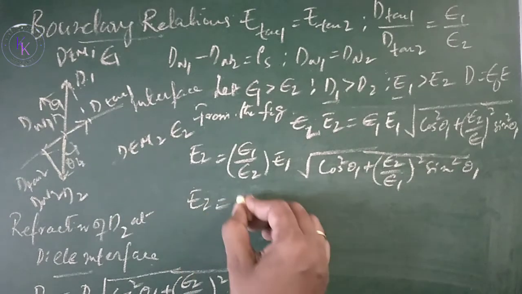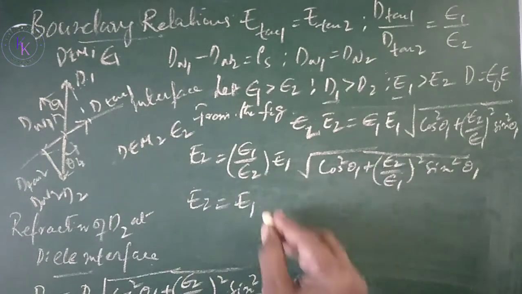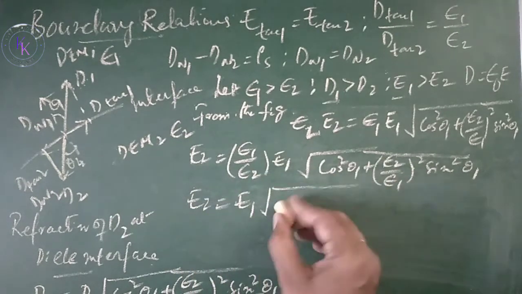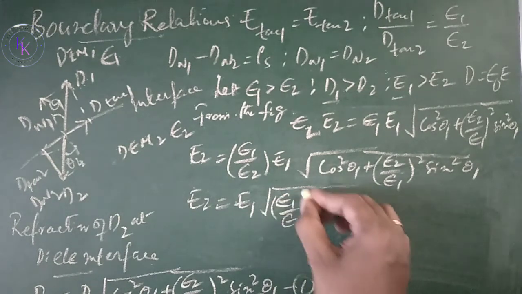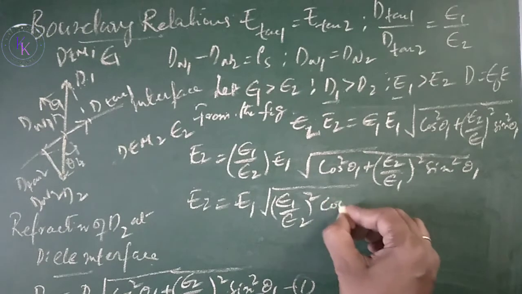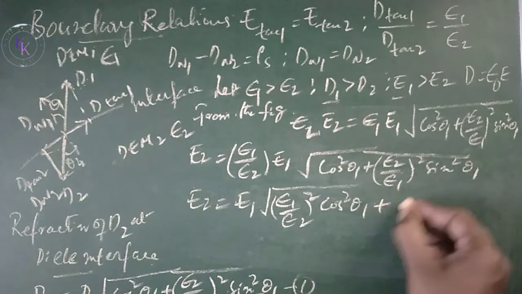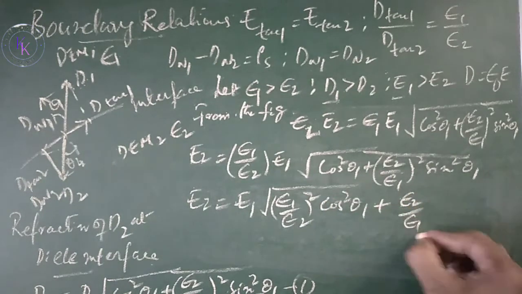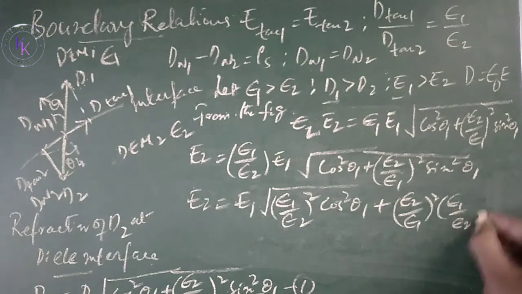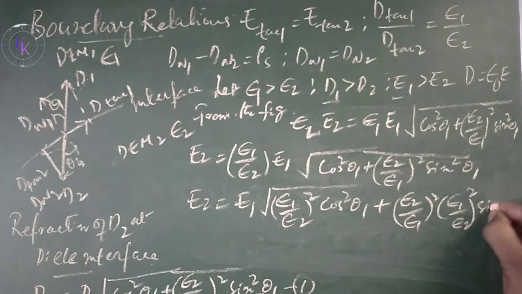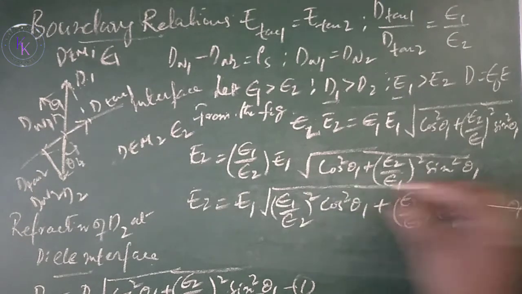E2 equals E1, taking this term inside the square root, epsilon 1 divided by epsilon 2 whole square cos square theta 1 plus epsilon 2 by epsilon 1 whole square multiplied by epsilon 1 by epsilon 2 whole square sin square theta 1.